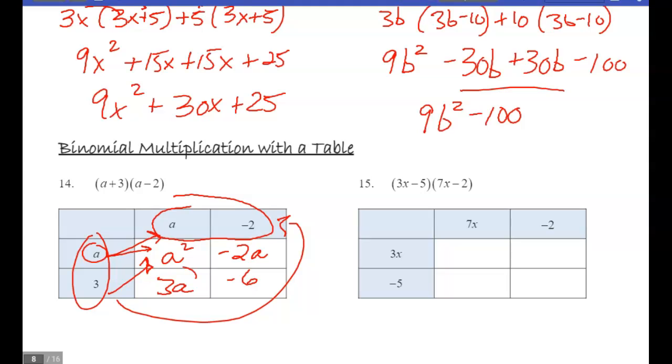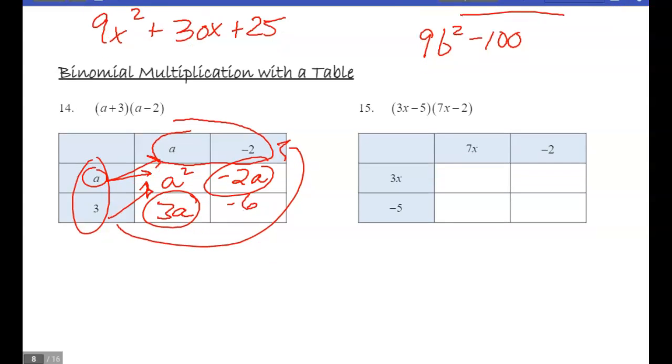Notice this matches here. And that's usually the case, not always, but usually the case that these kitty corner ones would match. So what do we have left? A squared. 3 minus 2 is 1a, or just a. And negative 6 drops down.